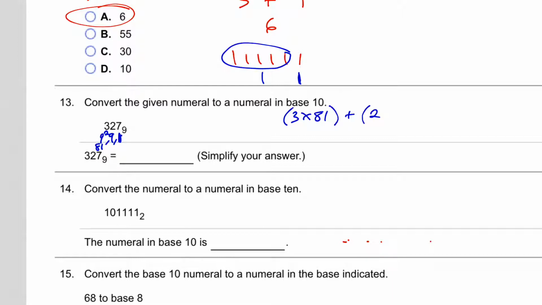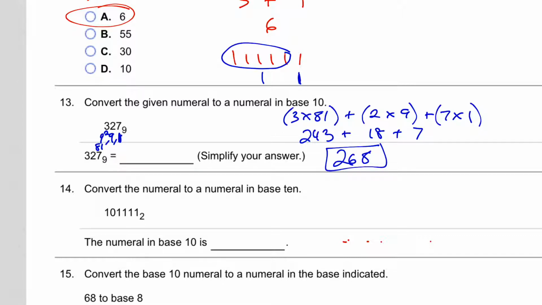The second place value is worth 9, and the first place value, which is the 7, is worth 1. So 3 times 81, 243, plus 18, plus 7. And we add up these three numbers, and we get 268.